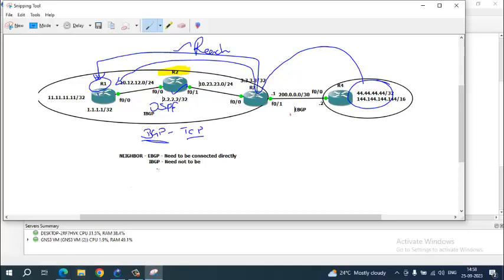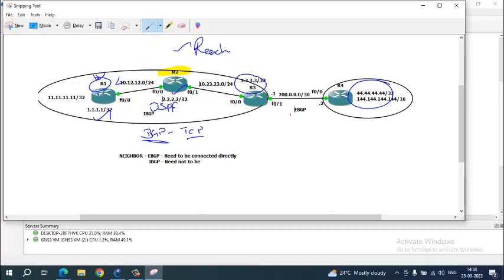Border gateway protocol is to bring the networks from outside, for which R1 needs to be a neighbor with R3. Otherwise, R3 cannot give all that it learned from R4 to R1.